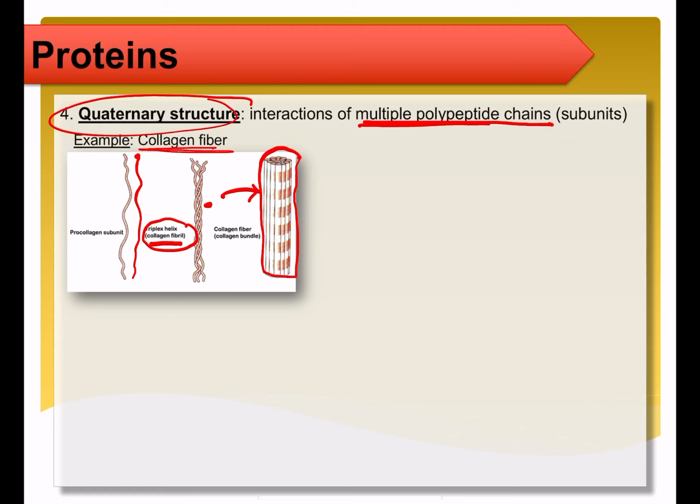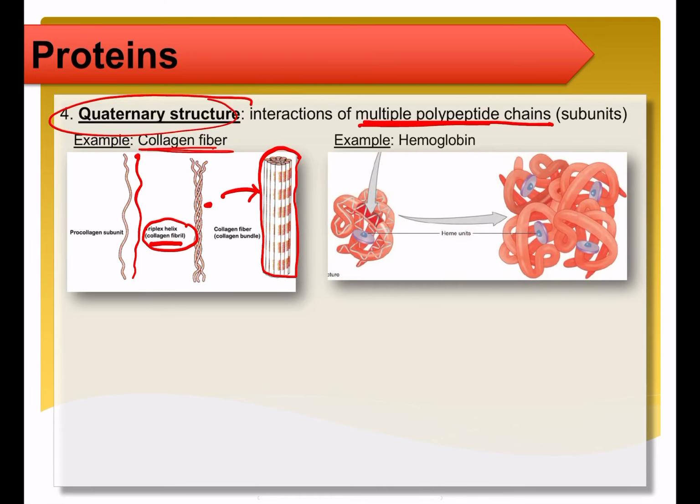Or, really, if we look at it accurately speaking, a collagen bundle of many, many different polypeptide chains makes up the collagen fiber. And it is the same for hemoglobin.